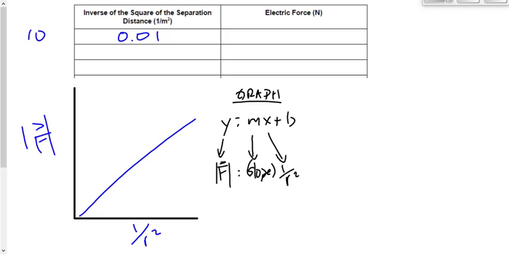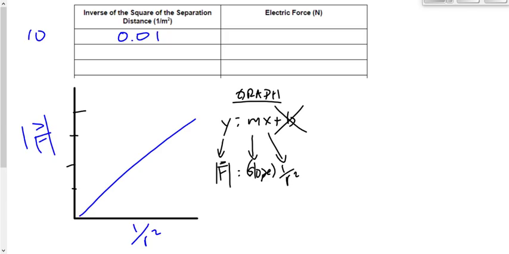Somebody in the last class had numbers on the y-axis like 1,000, 2,000, 3,000, 4,000. Your numbers could be different depending upon how you collect data, right? Their y-intercept was 8. Well, 8 relative to 1,000 is basically 0, right? So the y-intercept will either be 0 or it will be so close to 0 that it just doesn't matter.